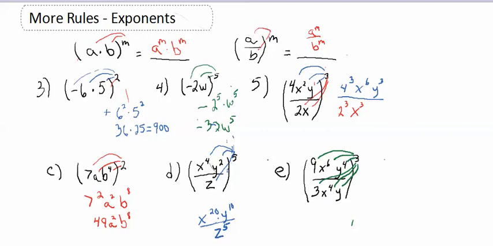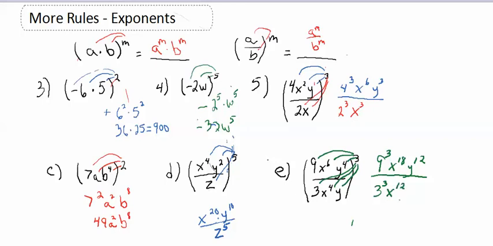So now we have 9 to the 3rd. We have x in its power to power. 6 times 3 is 18. And then we have y to the 4 times 3 is 12. And then we've got 3 with the 3, 3 with the 4, so it's x to the 12th.